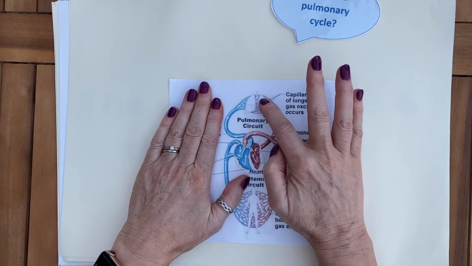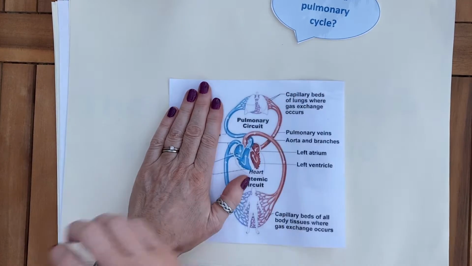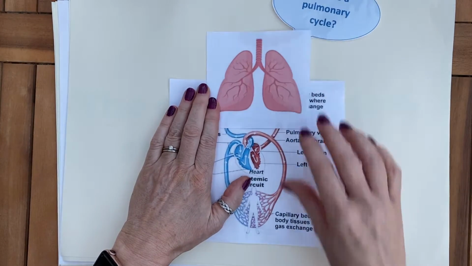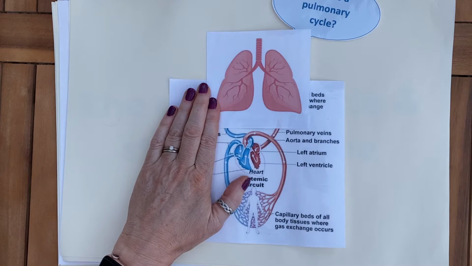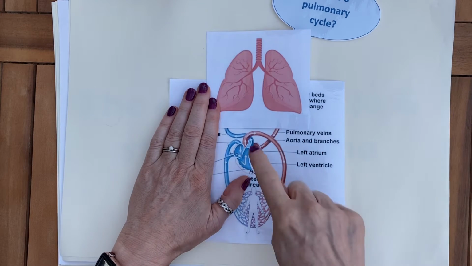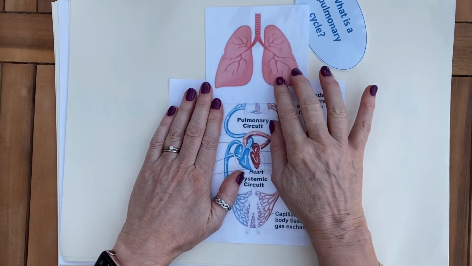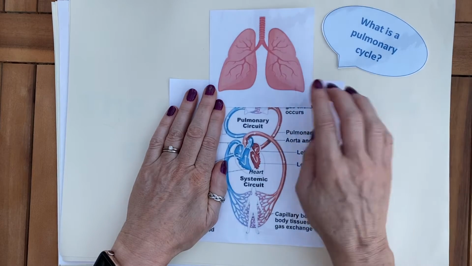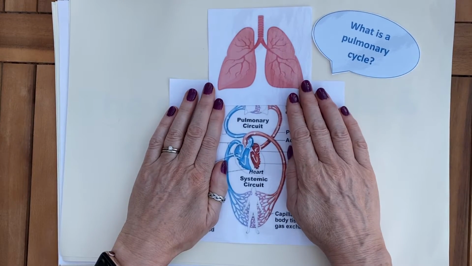That's a fairly small circuit, and the reason it's doing it is that it needs to collect oxygen. Remember, every cell in the body needs oxygen, and it delivers it back to the heart. That is the pulmonary circuit, pulmonary being the lungs. That's explaining the pulmonary cycle.